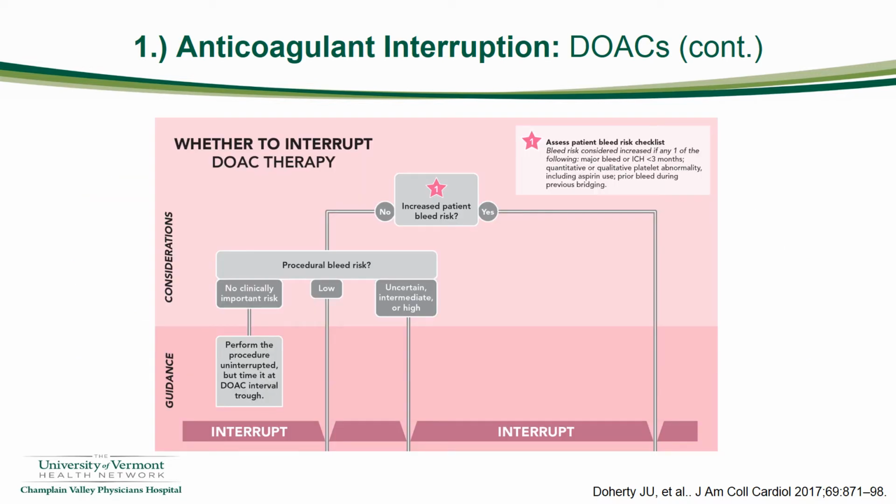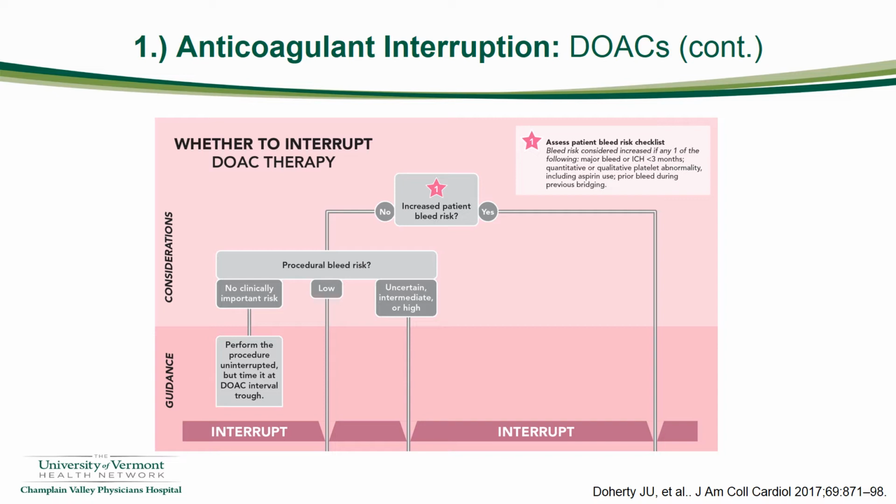Here we just have a visual representation of what we discussed in the past couple of slides regarding interruption of DOAC therapy. So again, the first step is determining patient bleed risk, whether or not they're at an increased risk of bleed. If they are, there's not much data to support best practices, so we're essentially using clinical judgment. If not, then we look specifically at the procedural bleed risk to determine whether or not to interrupt.